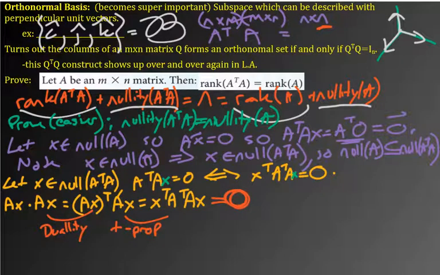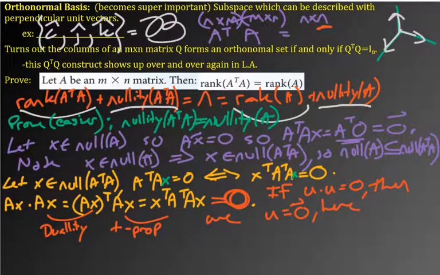And this is basically the punchline now. If u dotted with u equals 0, then we know that u has to be equal to the 0 vector. That just goes back to Calc 3 dot product stuff.